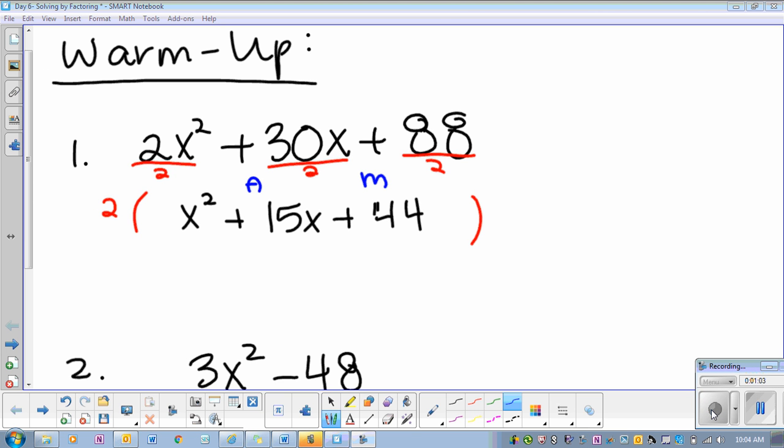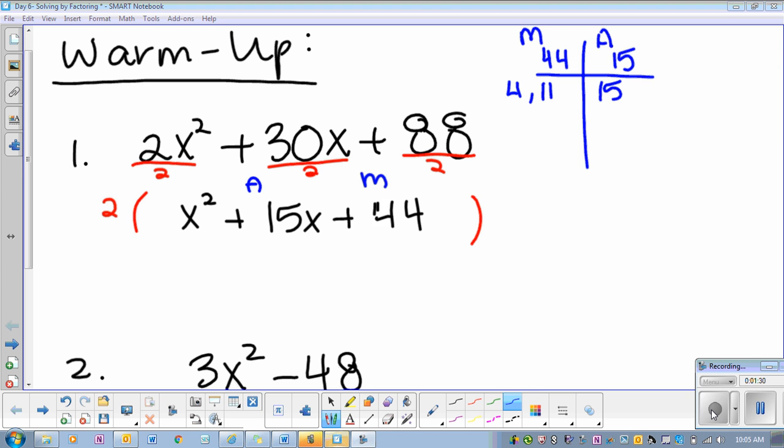I need 2 numbers that multiply to give me 44 and add to give me 15. What are they? 4 and 11. We get those 2 numbers by putting into the calculator y equals 44 divided by x, right?